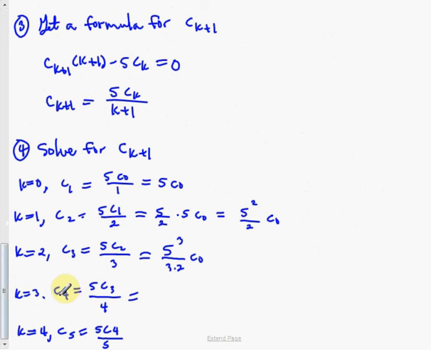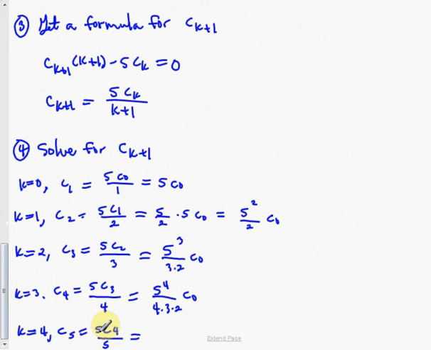The next one, c sub 4 is 5 divided by 4 times c sub 3. C sub 3 is what's given before that. So this is 5 to the 4th over 4 times 3 times 2. Do you see what's happening in your denominator? We're getting factorials, right? You see that? This is, let me write it out. Then when I come back, I just write the simplification of it.